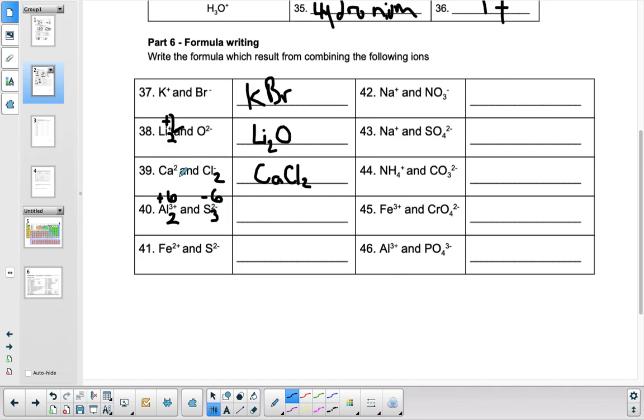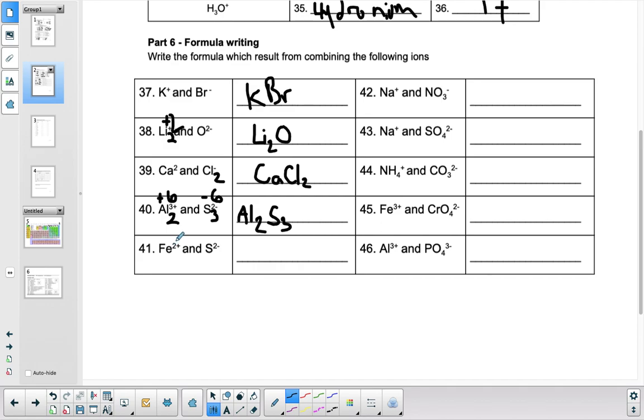We switched, this one was 1, this one turned into 2. Up here we took the 1 from the lithium, so oxygen became 1, and then we took the 2 from the oxygen and lithium became 2. So our resultant formula would be Al2S3.